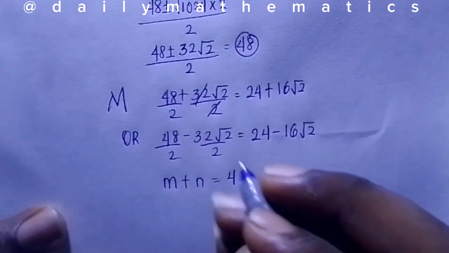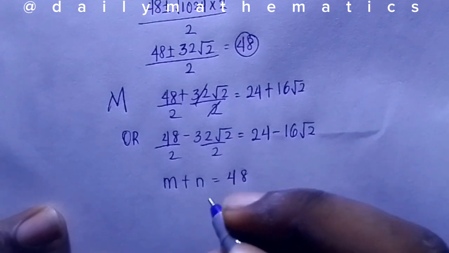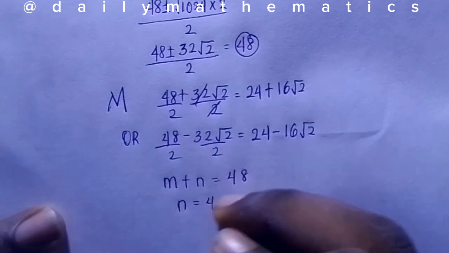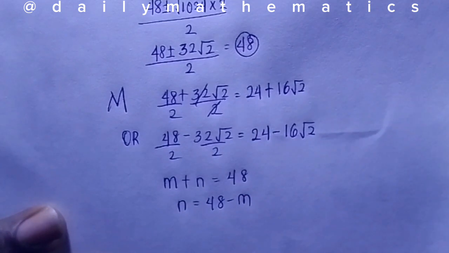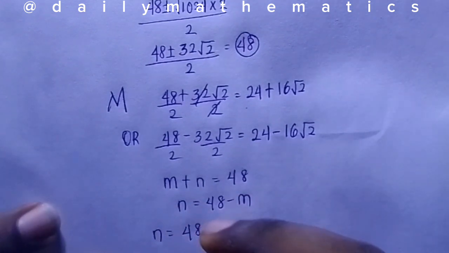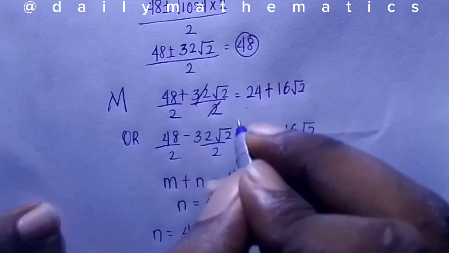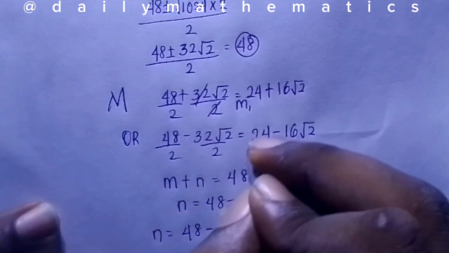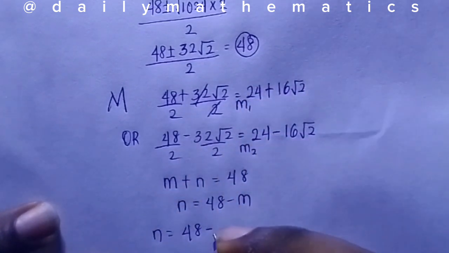If m plus n equals 48, it means n equals 48 minus m. So we want to find n now. This is m1, and this is m2. We want to find n1 now.